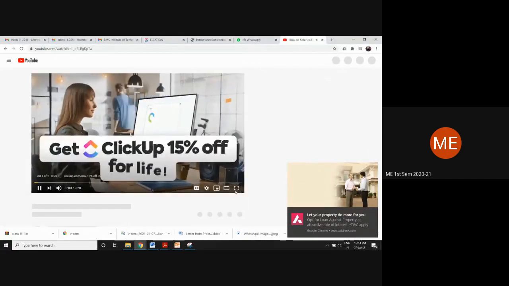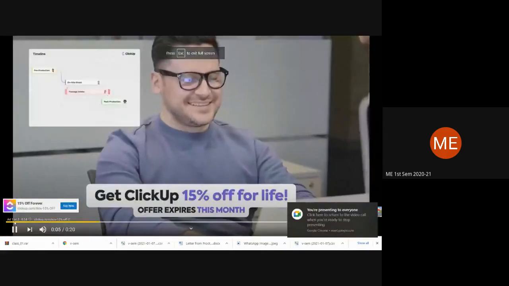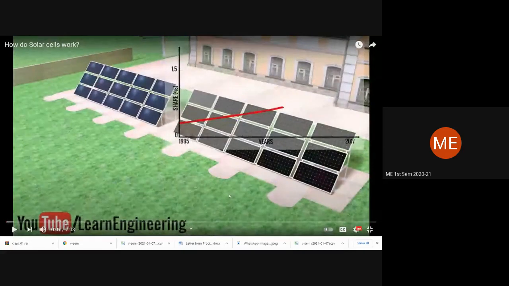Concentrate on this video. This is the application of the p-n junction in the solar panel, how it works. Just observe this application, and you'll come to know how the p-n junction works, how the migration that Bhumika mentioned takes place, and how the electricity is generated.